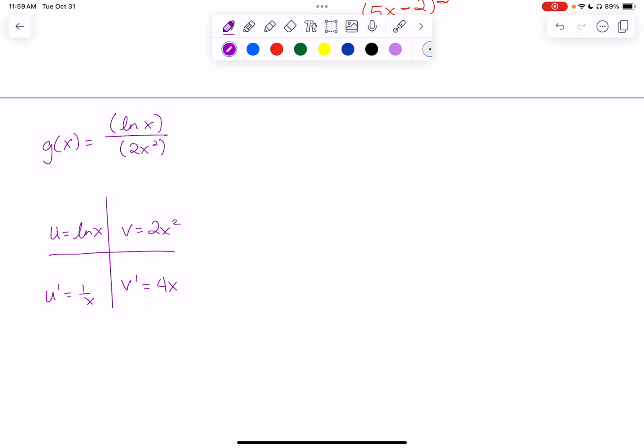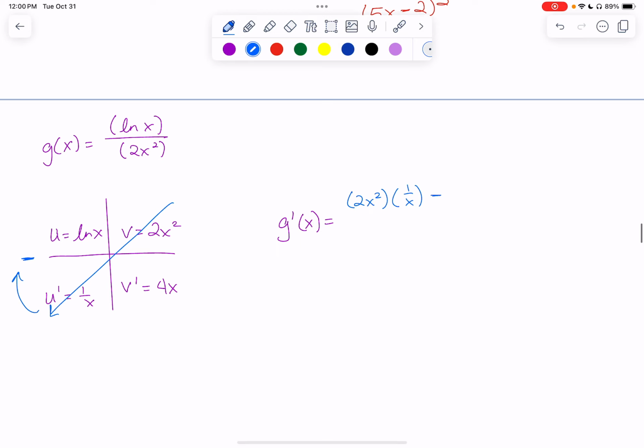So now, let's go ahead and say that my derivative of g is going to be equal to, I'm going to go this way across, so I'm going to say I have a 2x squared times a 1 over x. Remember, I'm dividing, so I need to subtract here, minus, and I'm going to come down this direction, minus my natural log of x times 4x, all divided by my v squared, which is just going to be my 2x squared.